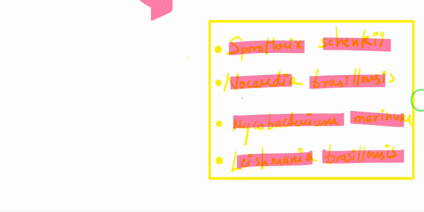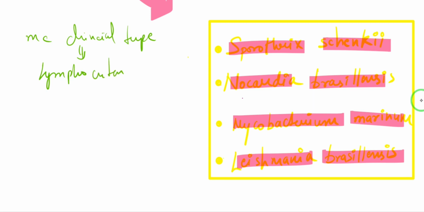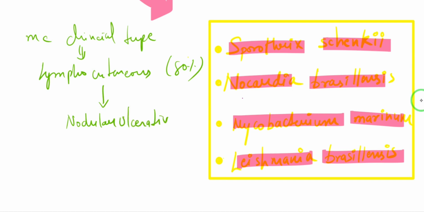So now we are going to see the clinical types of sporotrichosis. There are many clinical types, but the most common clinical type is lymphocutaneous. About 80% of the cases are of lymphocutaneous type, and in this we are going to see nodular ulcerative lesions, which by the way look painful but are painless.